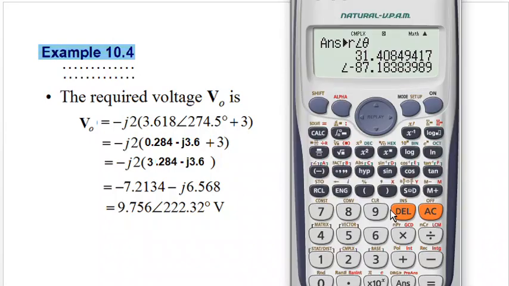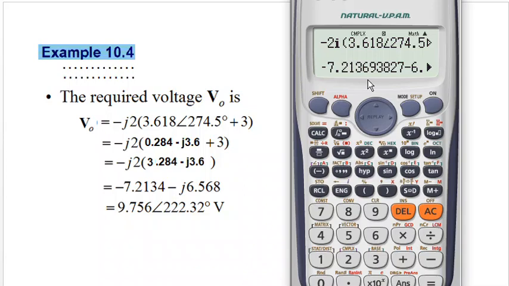With the help of calculator, we just enter this value. So minus J2 means minus 2i, bracket 3.618 angle, so shift minus angle 274.5 plus 3, bracket close, equal sign.